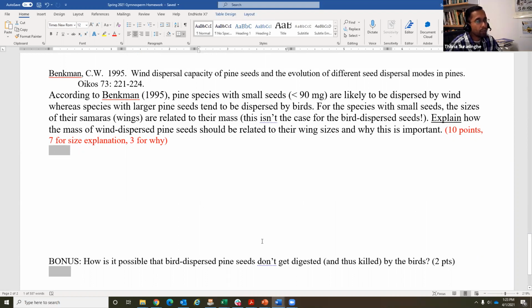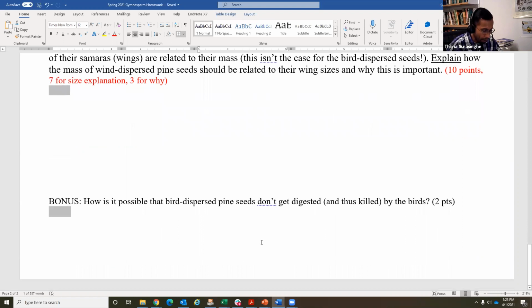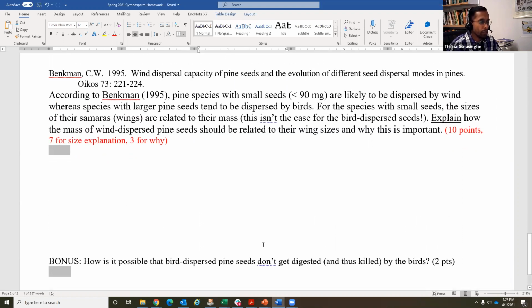The other ones are self-explanatory, so I don't have to provide any guidelines. It's more basic general knowledge. If it is wind dispersed, you need some structure that will assist the seed to be carried further away. That's why you actually get wings.